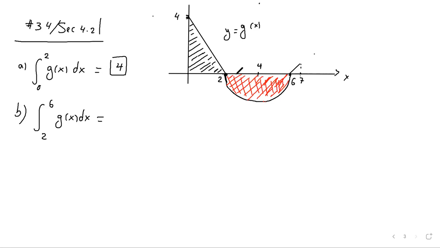Now you know that the area of a circle is pi r squared. Remember, folks, pi r squared. The radius in this case is 2, half of the diameter. So the area of a full circle would be pi times 4. But we're talking about half a circle, so half of that will be pi times 2. So the area here is going to be 2 pi.